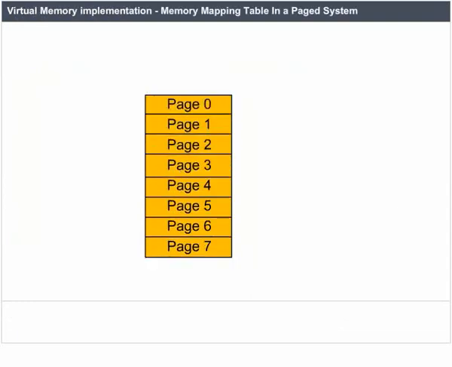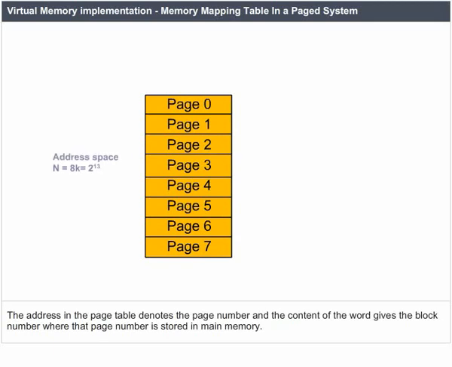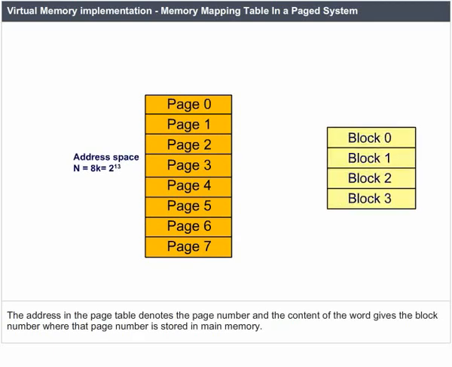Virtual memory implementation. Memory mapping table in a paged system. The memory page table consists of 8 words, one for each page. The address in the page table denotes the page number and the content of the word gives the block number where that page is stored in main memory.